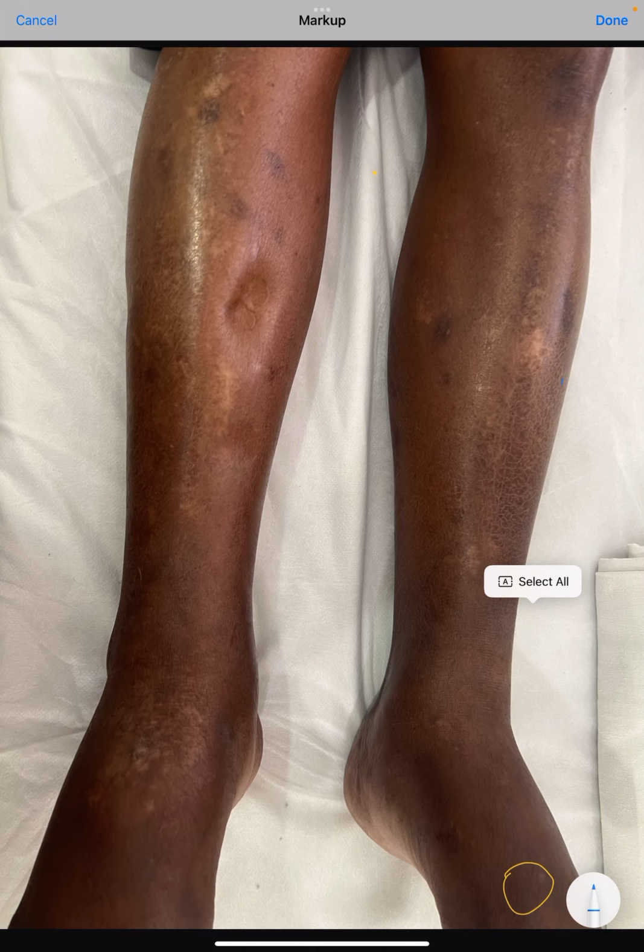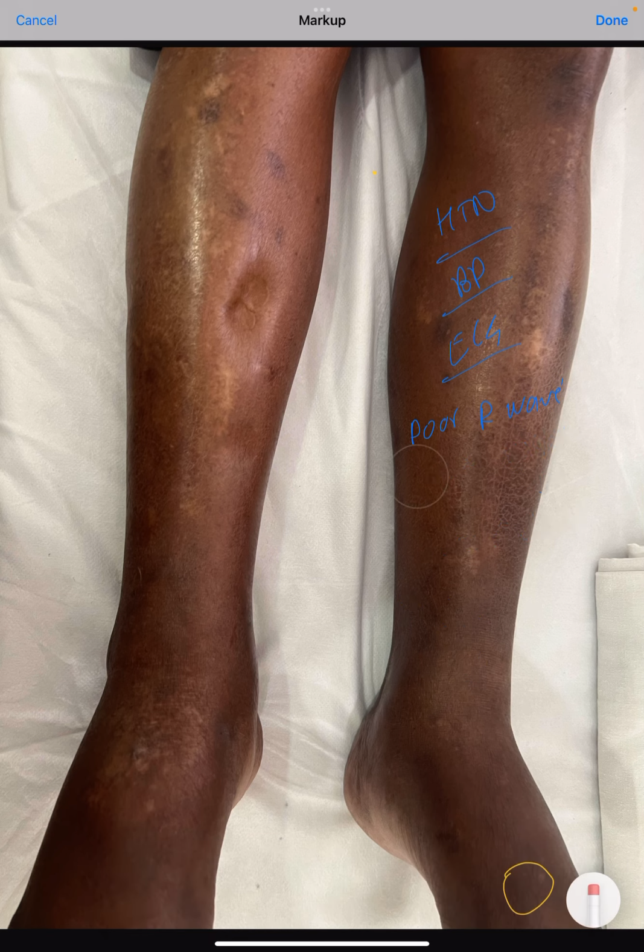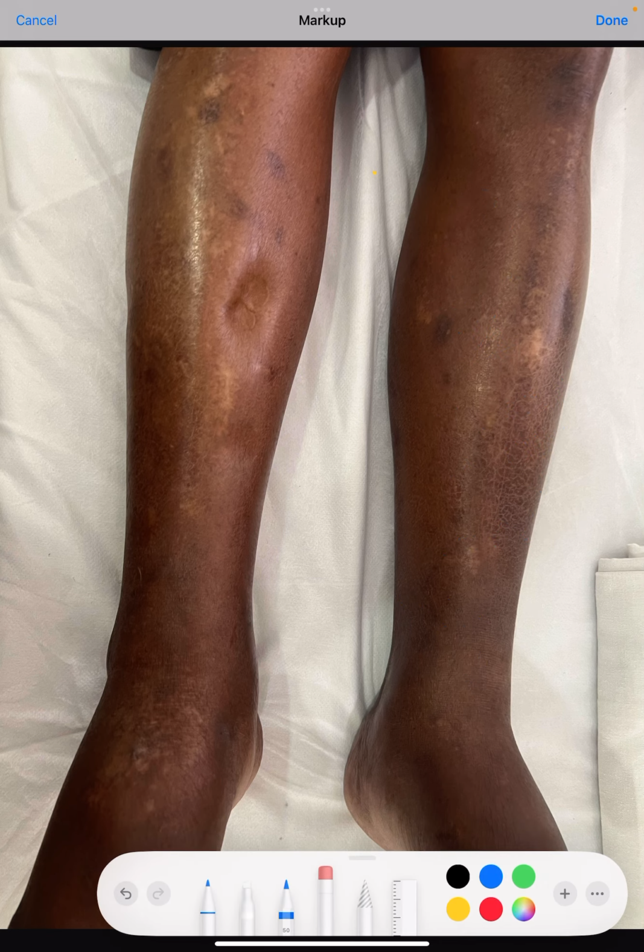So in such patients blood pressure should definitely be seen. The patient's ECG should be seen to look for any heart block, poor R wave progression or low voltage ECG, or LVH with strain pattern, or conduction blocks like LBBB or RBBB. So these types of changes we can see in the ECG in any patient who has this pitting pedal edema. We should always think of this.